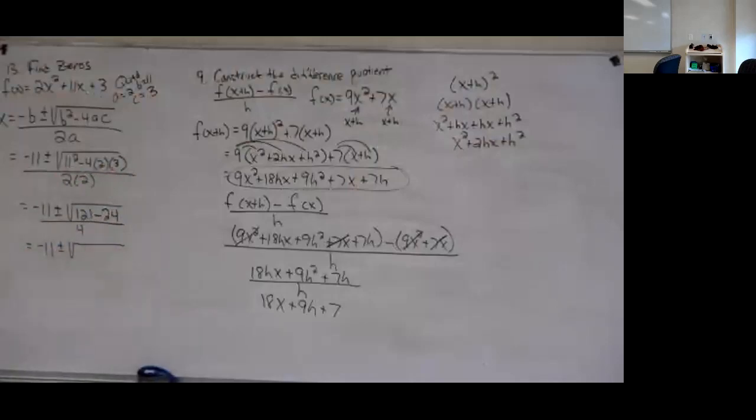All right, so let's see. What is 121 minus 24? That's like what, 97? All over 4. So y'all, the only way I could go further is if I could break down that 97. And I'm pretty sure 97 is a prime number, so that don't break down. So that would be my final answer.